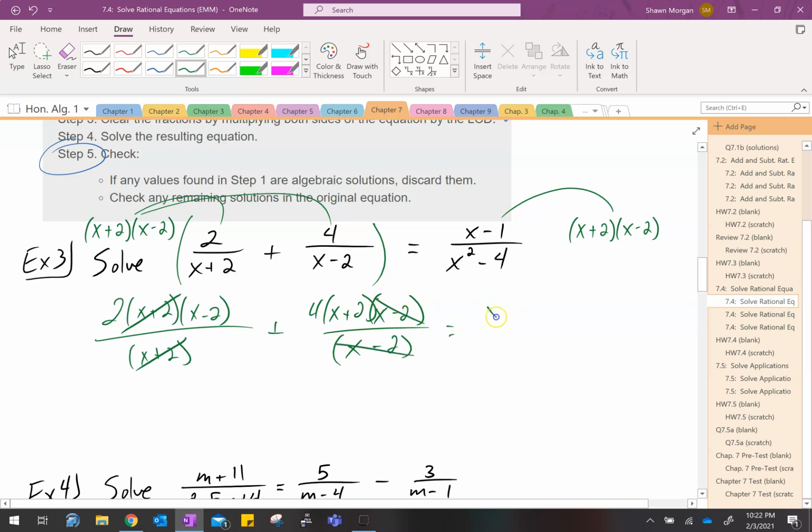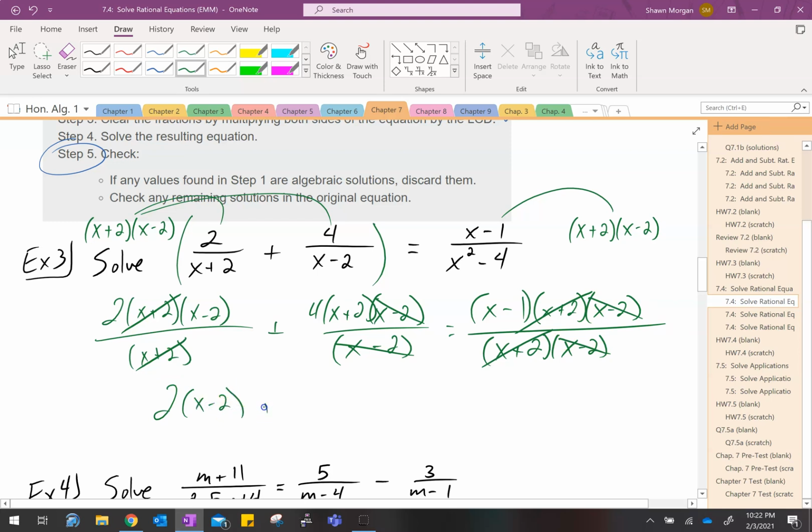And then over here on the third one, we've got x minus 1, x plus 2, and x minus 2. And the entire denominator again cancels out, leaving us with just x minus 1. So here we've got 2x minus 2. Here we've got 4x plus 2. And here we've got x minus 1.